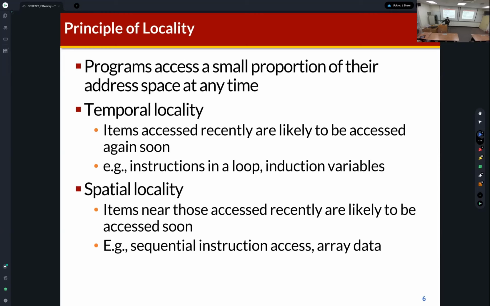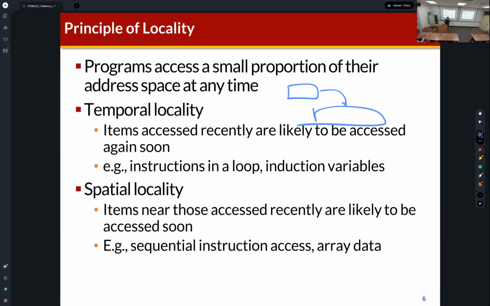The locality means some kind of property of data. Our programs access data in memory, right? Normally, when our programs access data in the memory, we can observe some characteristics, some unique properties.